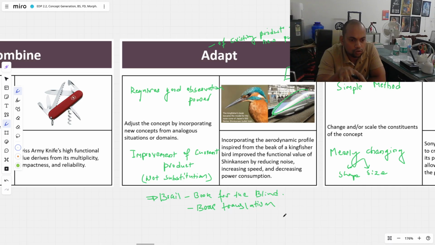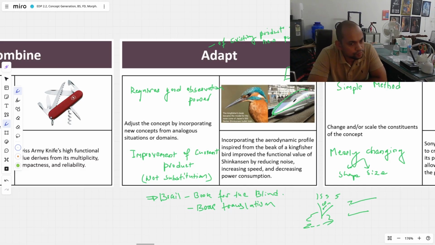You might have seen the series from Tata McGraw Hill Company, the For Dummies series, like computers for dummies or coding for dummies. So the idea is adaptation of the product to a new set of users or a new problem which is to be solved.